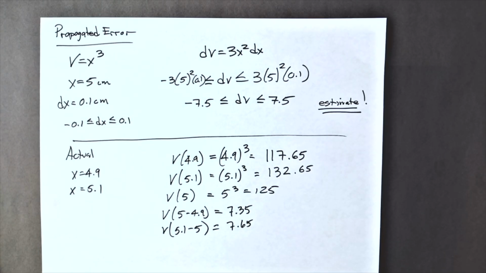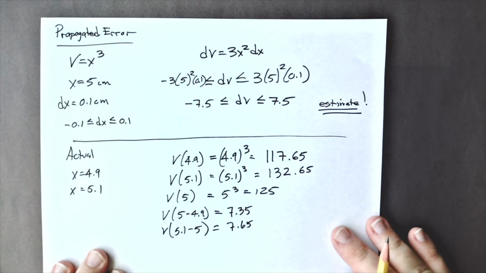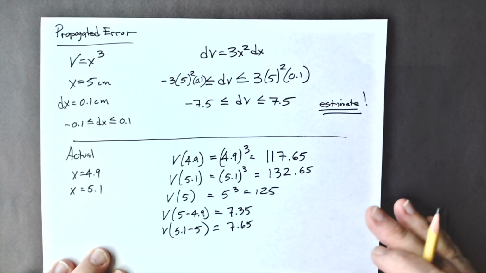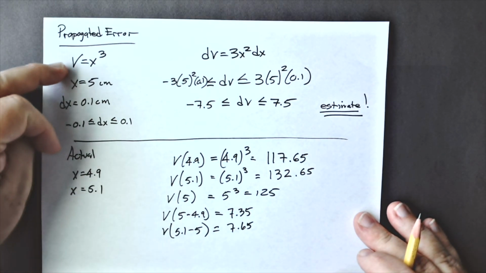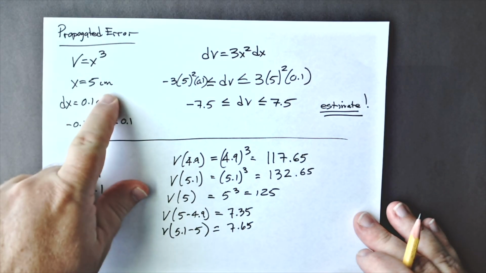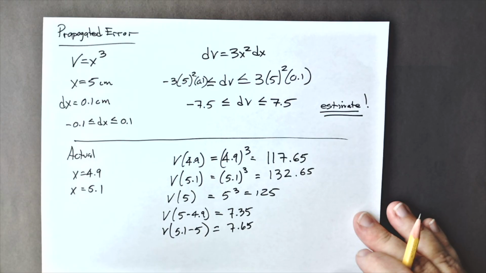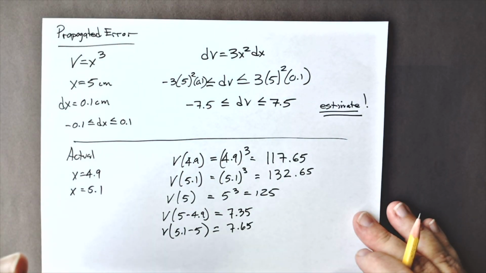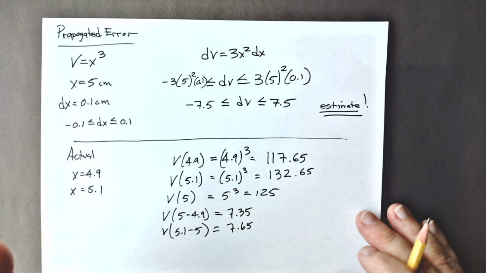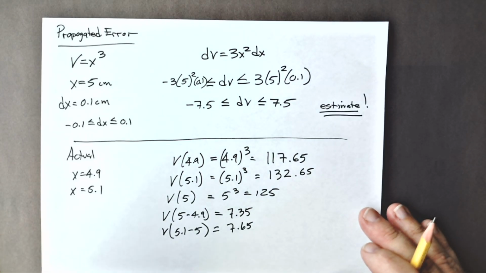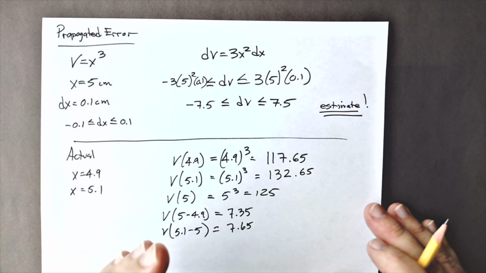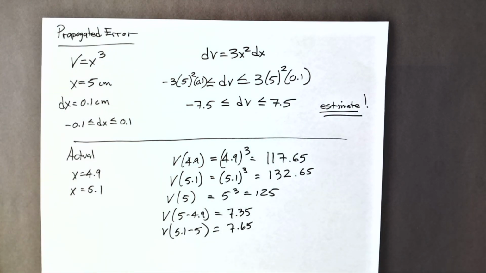So there's two kind of ways of doing this. So let's talk about a cube that has a side length of 5 centimeters, but we're going to allow there to be a 0.1 centimeter error. So meaning that it can be up to 0.1 centimeters too short or 0.1 centimeters too long. What's that going to look like?